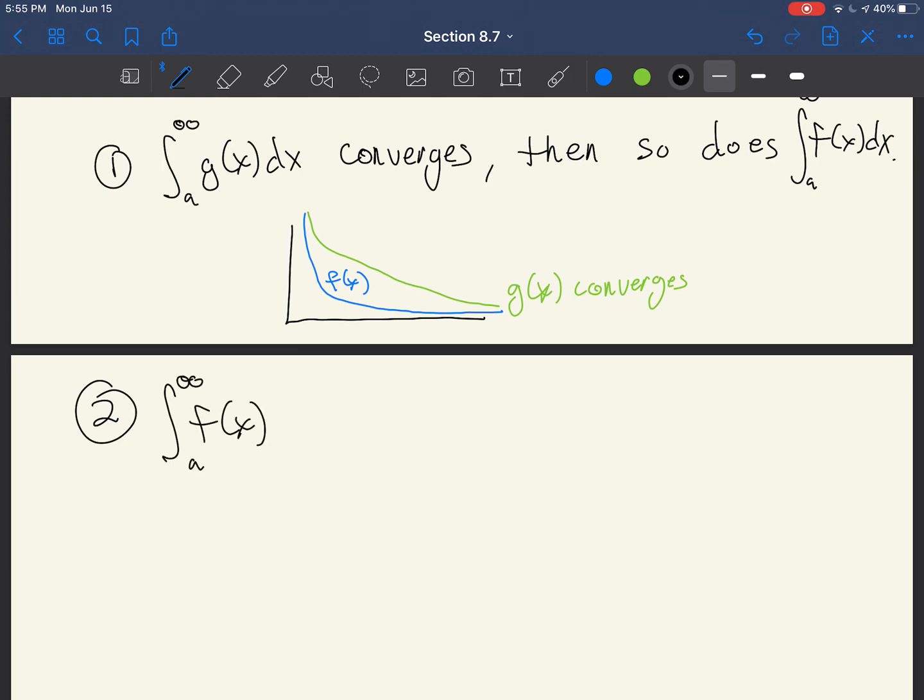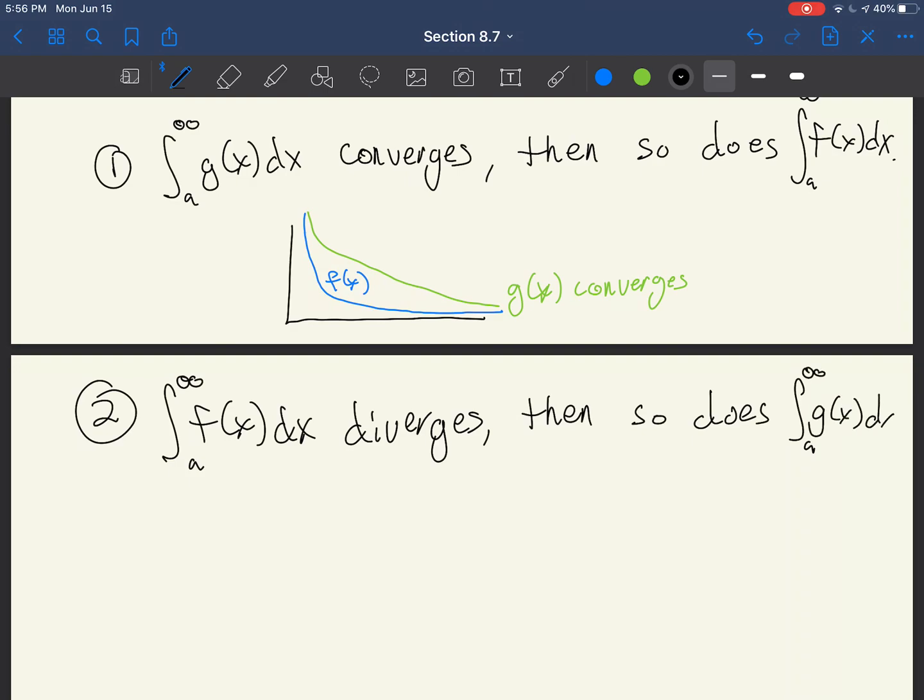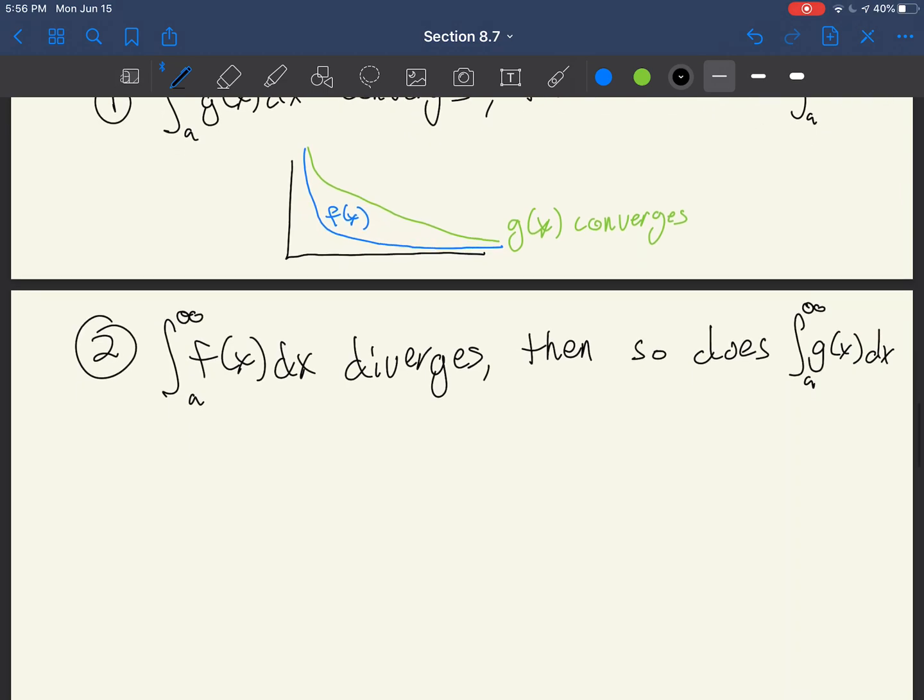The second one: if the integral from a to infinity of f of x dx diverges, then so does the integral from a to infinity of g of x dx. And this has a similar story.